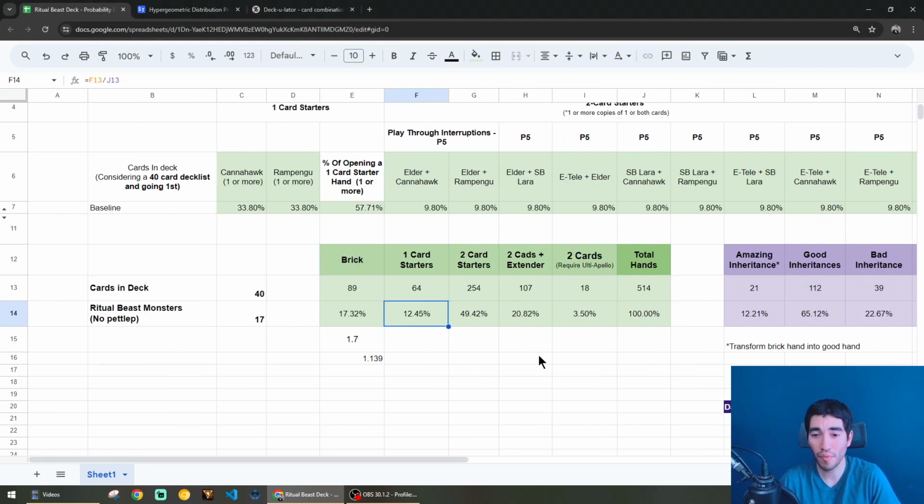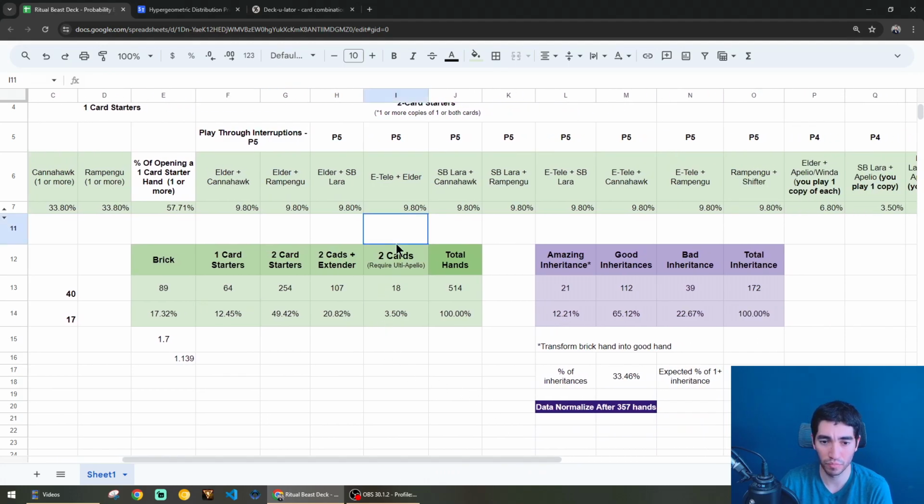Alright, so here on the right we have other numbers that I'm not going to go too much into detail into because we're going to cover them on Friday. But the main thing I want to talk about here is this line here. And remember, this is 2 card starters that require Ultimate Apelio. You will notice it's 3.5%. So if we do our 10 games again, that would be 10 multiplied by 0.035, no?